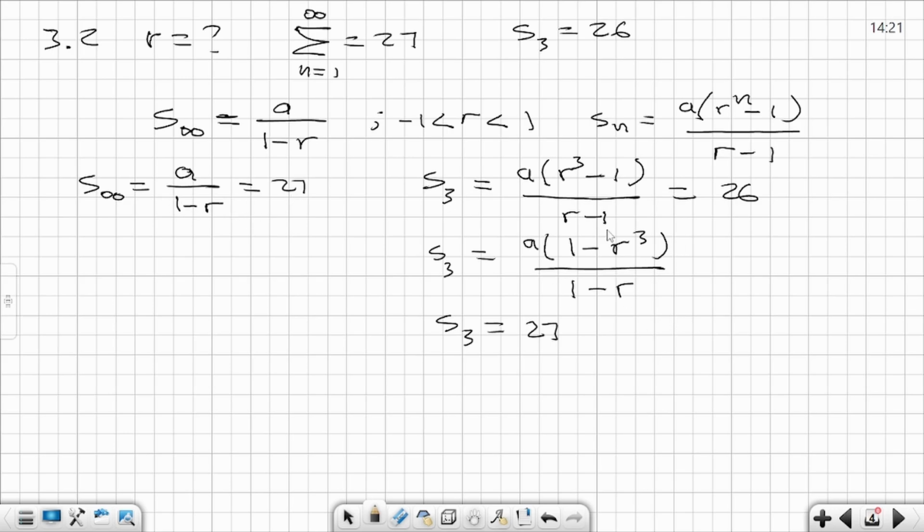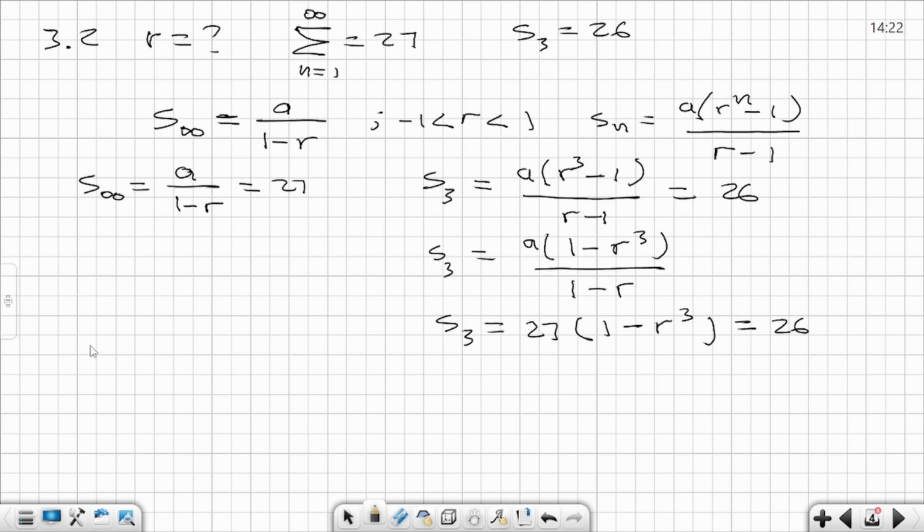And then you remain with this part, 1 minus R to the power of 3. Remember, S3 is equal to 26, so this is equal to 26. Can you see now? We have one unknown. Now we can solve for R.